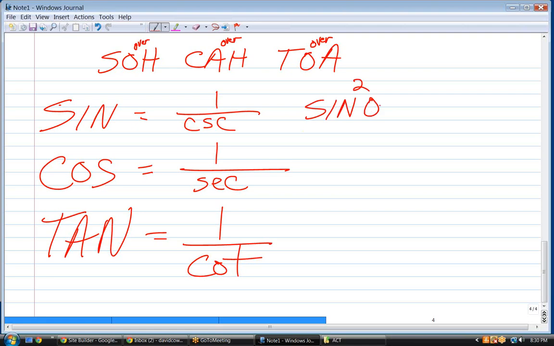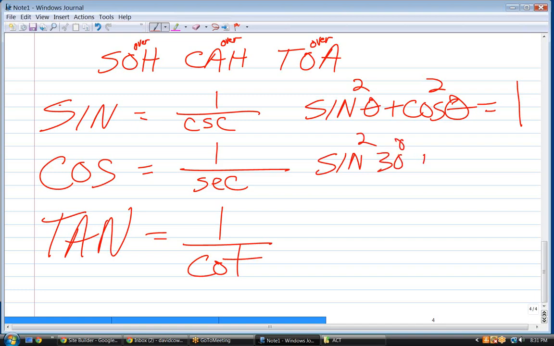Sine squared of theta plus cosine squared of theta always equals 1. Or sine squared of x means the same thing. It doesn't have to be theta. In other words, the sine squared of 30 degrees plus the cosine squared of 30 degrees equals 1, or of 29 degrees, that still equals 1, or 72 degrees, that equals 1.